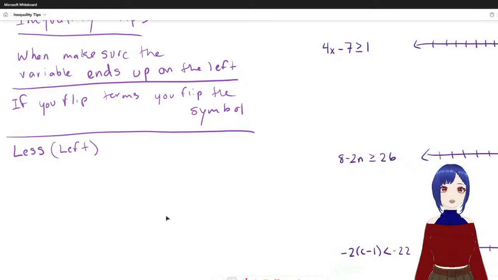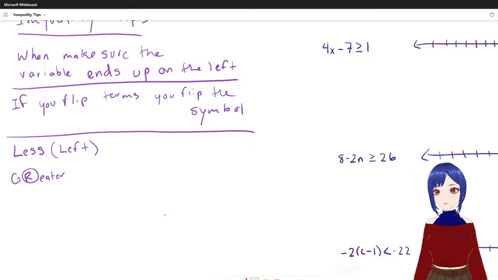So if you have less than or equal to or regular less than, you can go to the left. And greater to the right.